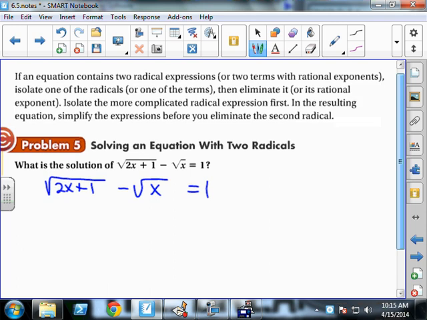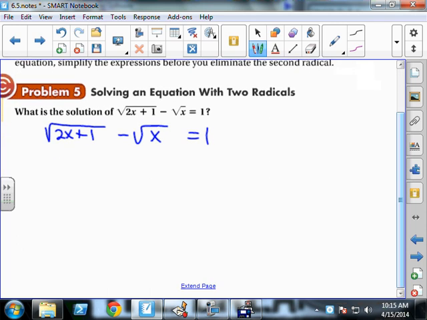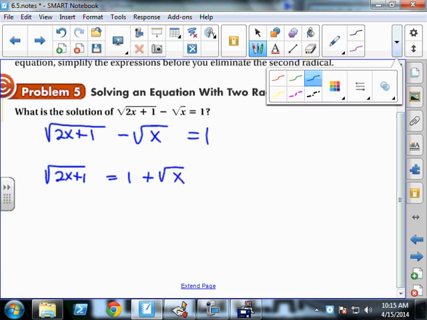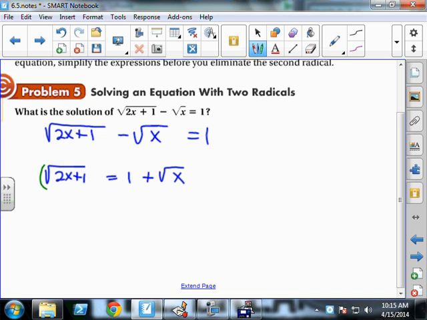So again, I'm going to do some housekeeping. I have rad 2x plus 1 equals 1 plus rad x. And now I'm going to square. Since we just looked at this earlier this week, I will show some of the intermediate steps here.